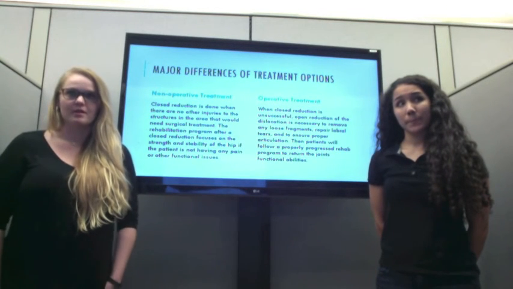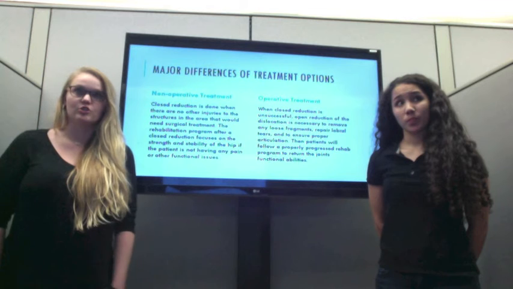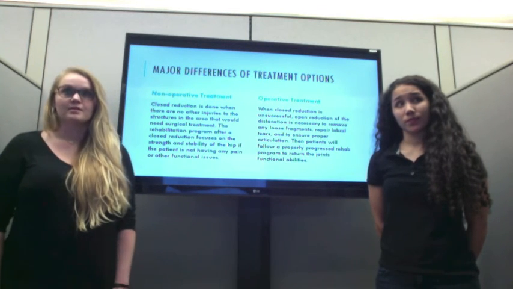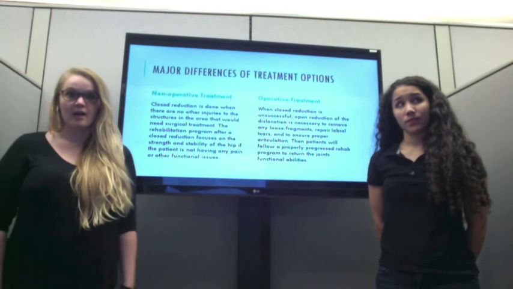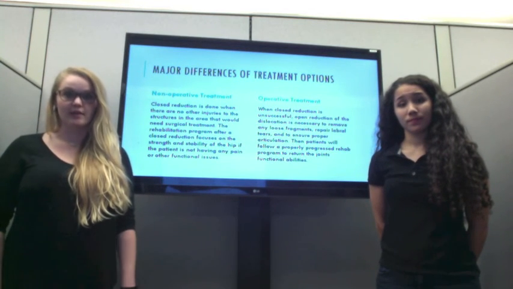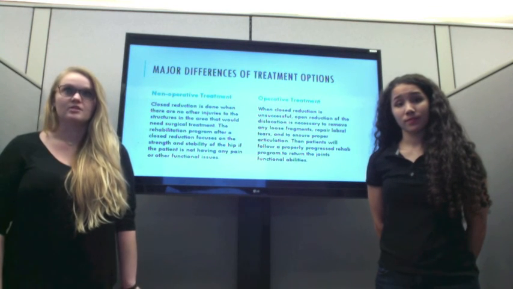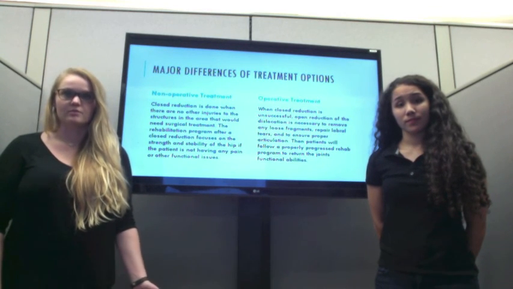The operative treatment is the treatment that we choose when there are loose fragments, labral tears, or anything else in the way in the joint cavity that leads to an unsmooth surface for the joint to move around.